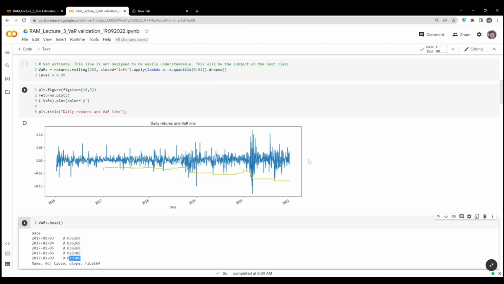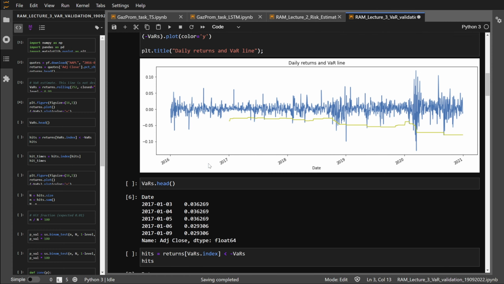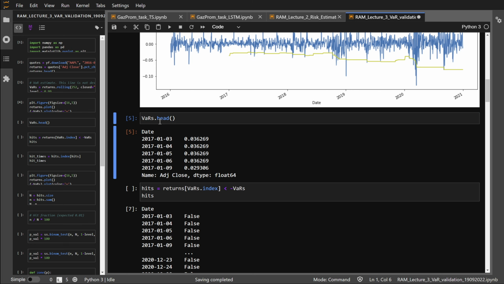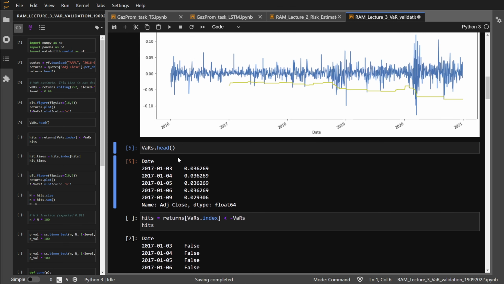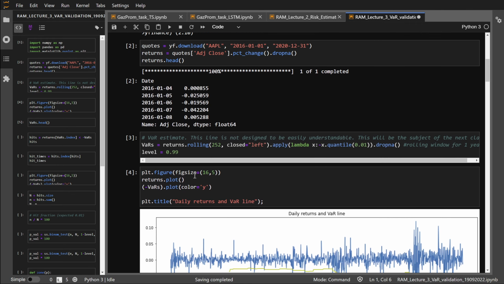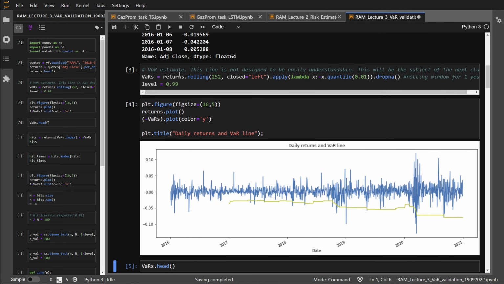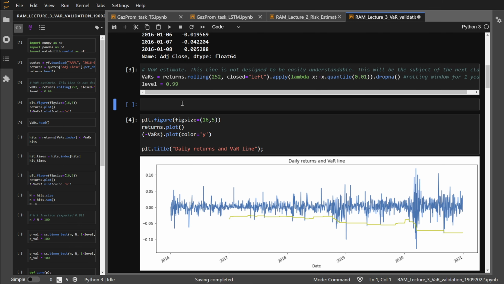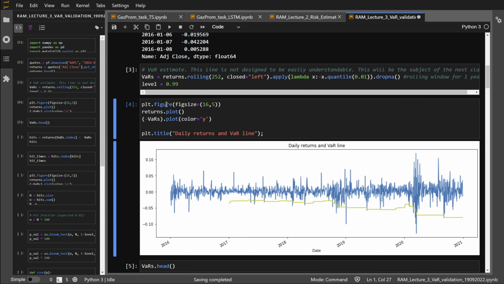This series tells me how often, or how many times in a series of experiments, on a series of days actually applying the value at risk model, I can observe very tough, extremely severe days when I experience losses not covered by value at risk.